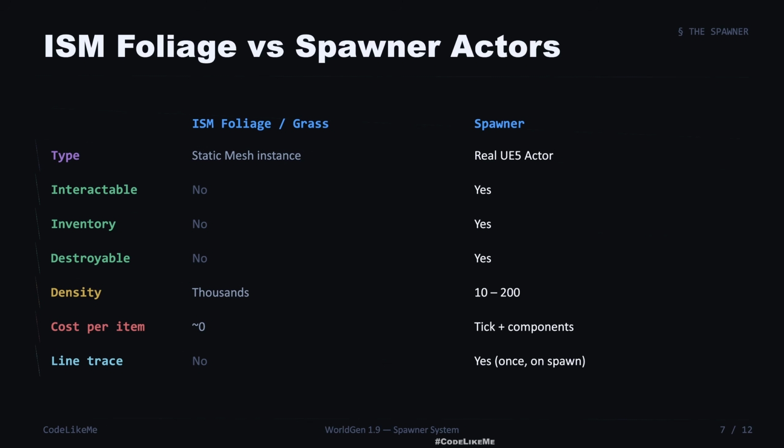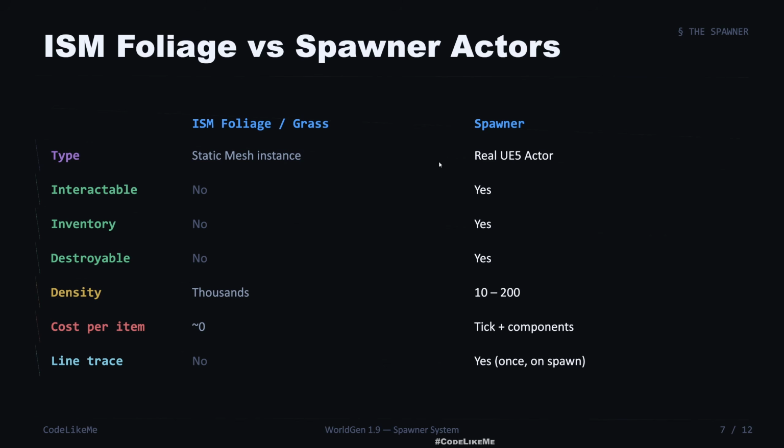We had already implemented this ISM foliage or grass spawner, but they are not applicable for any kind of interactable or inventory items or destroyable items. But these foliage or grass can support thousands of instances, and cost per item is insignificant.